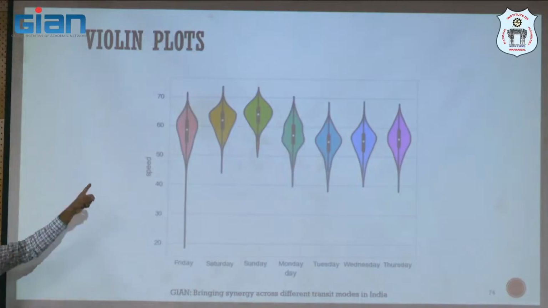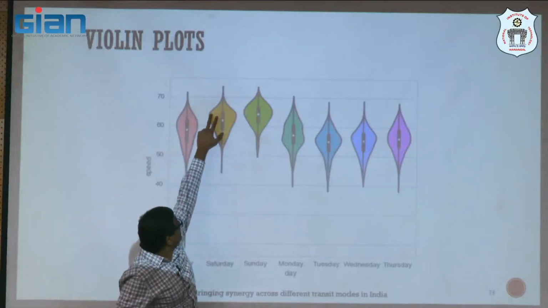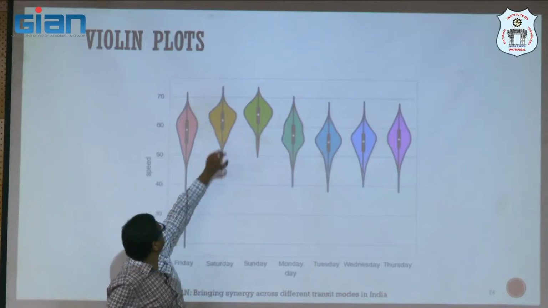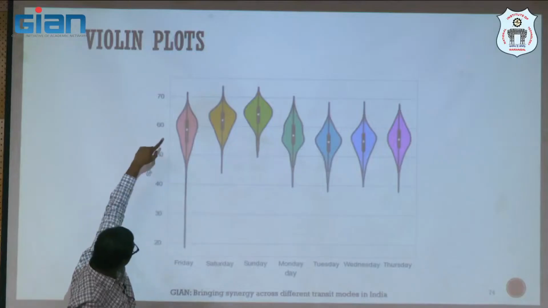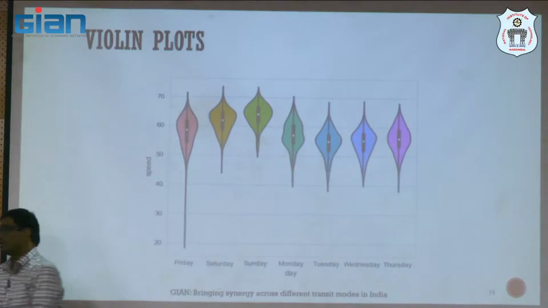Here we are also giving extra information saying that this appears more. Similarly here, this record appears more than this record. We know that based on the width of the violin bar. The length shows you the range of all the values that are used. So this is a nicer way of showing the distribution, as you can see. Okay?